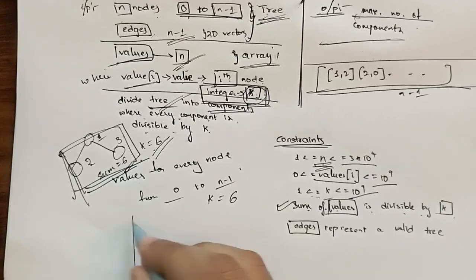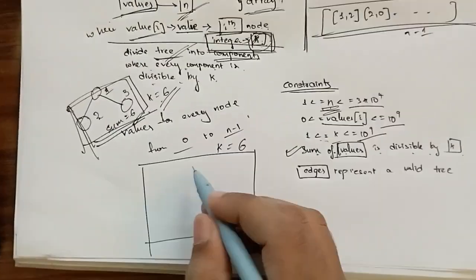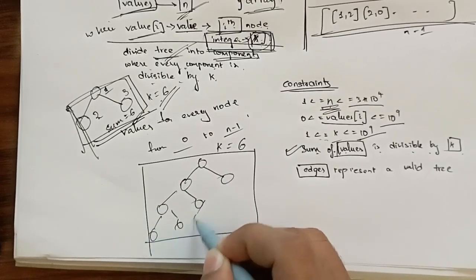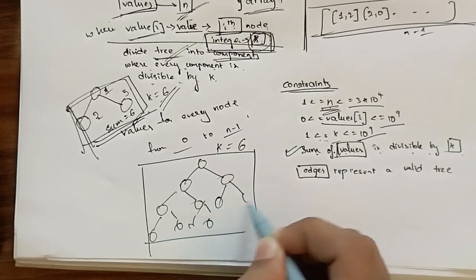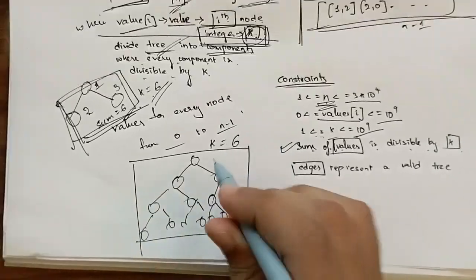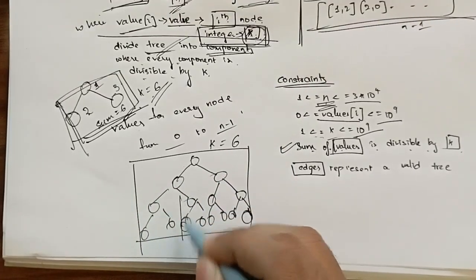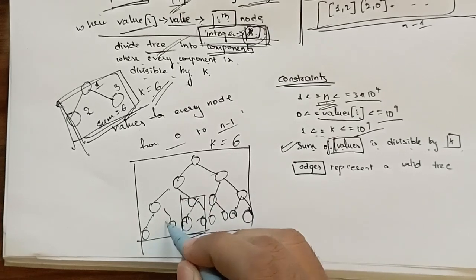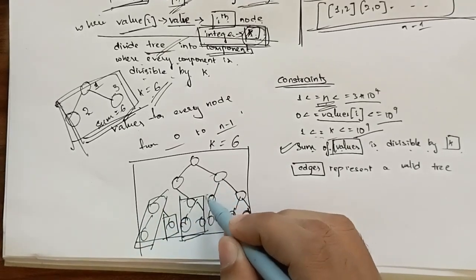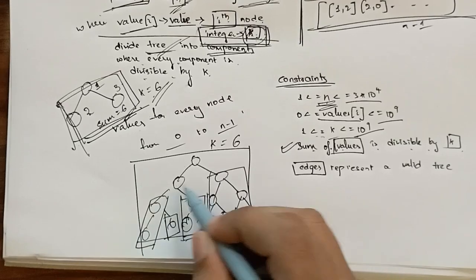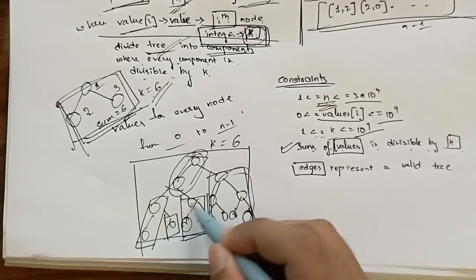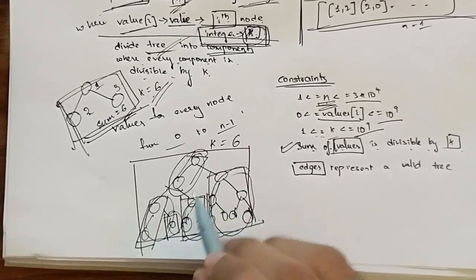Now let us take a tree. Here we have a root node and the children and so on. Let us assume this is a subtree, and this is a node, and this another subtree, and these two. These sums are divisible by k.